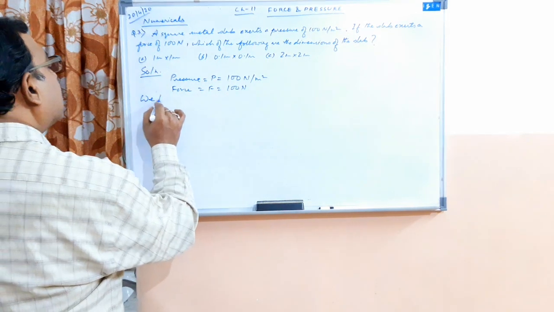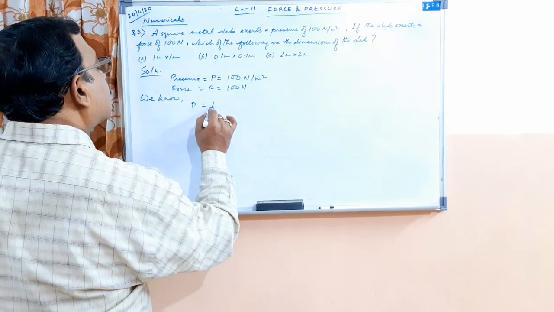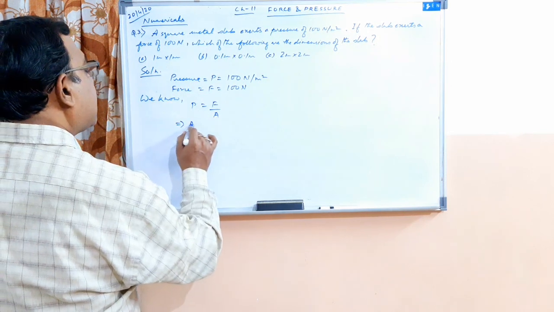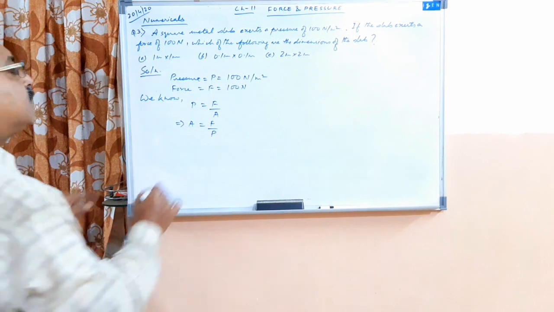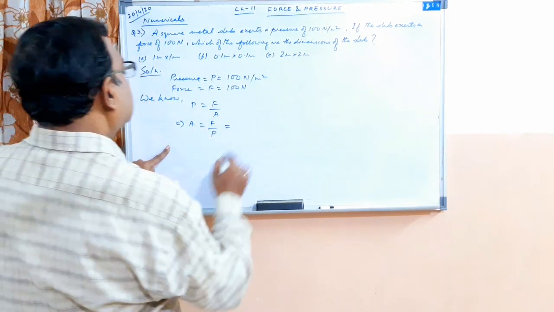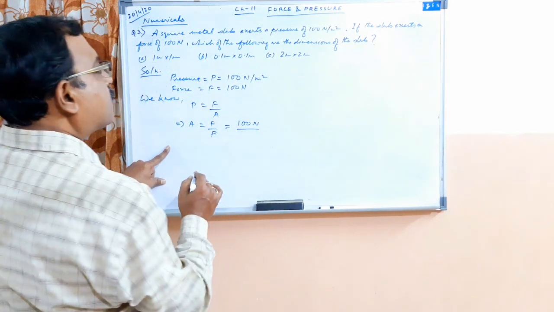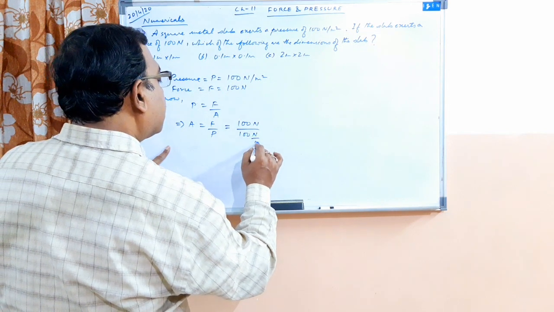Now we know P is equal to F by A, which means A is equal to F by P. So that is equal to, force is given 100 Newton and pressure is given 100 Newton per meter square.